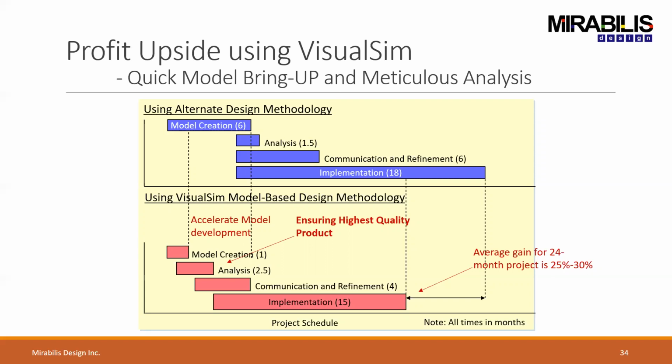With the VisualSim methodology, since you're doing all of that before your implementation, you get the highest quality product, which allows you to gain a significant amount of time in your product schedule. Some of them we've seen is upward of 25%, or a quarter of your schedule. So if you have a 2 or 3 year project, you have the ability to significantly increase it.